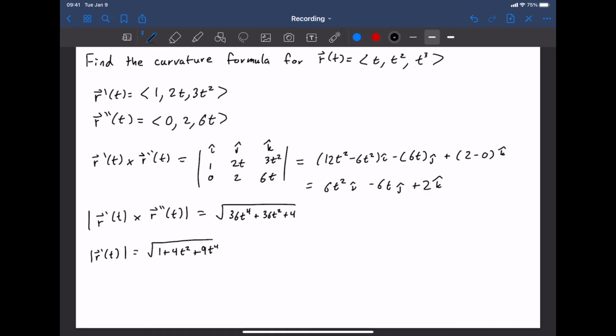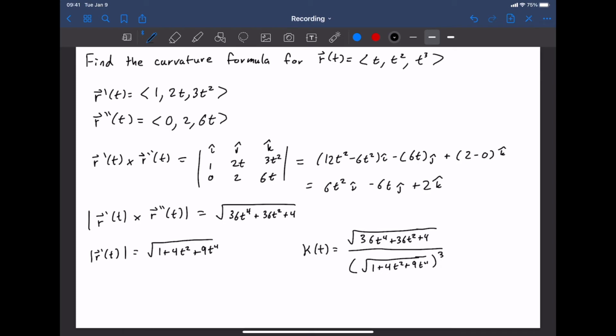So the curvature formula, and it is a scalar, I almost said squalar, 36t to the 4th plus 36t squared plus 4 divided by this square root, 1 plus 4t squared plus 9t to the 4th, cubed.